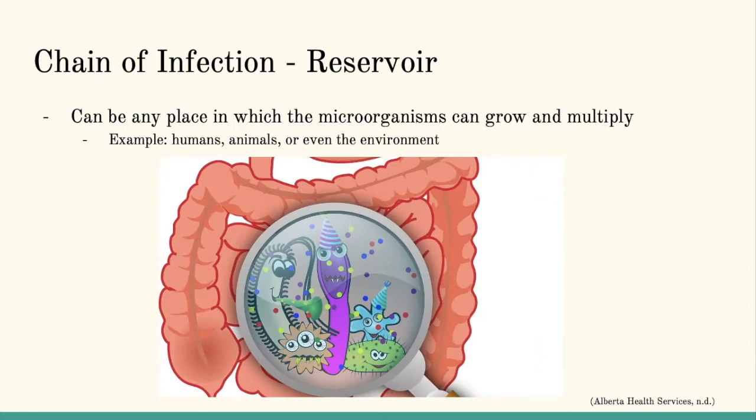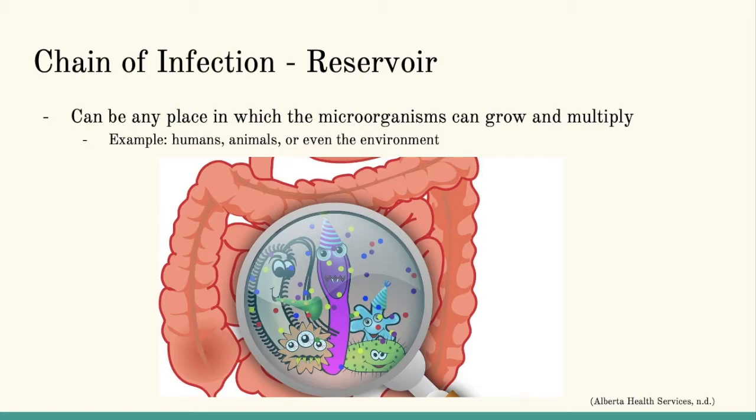So a reservoir can be any place in which the microorganisms can grow and multiply. Some examples here are humans, animals, or even the environment. There are multiple things in the environment that can be vectors where bacteria can grow and multiply before being transferred to someone or something.